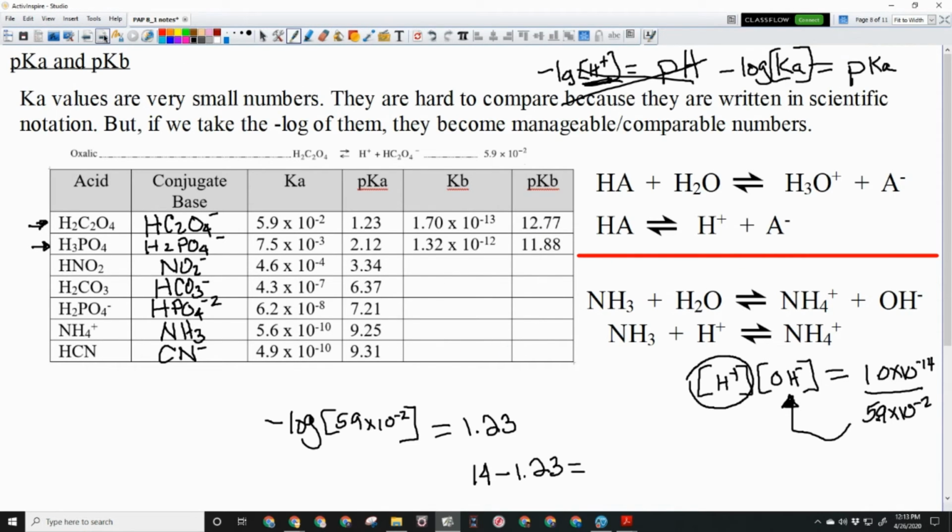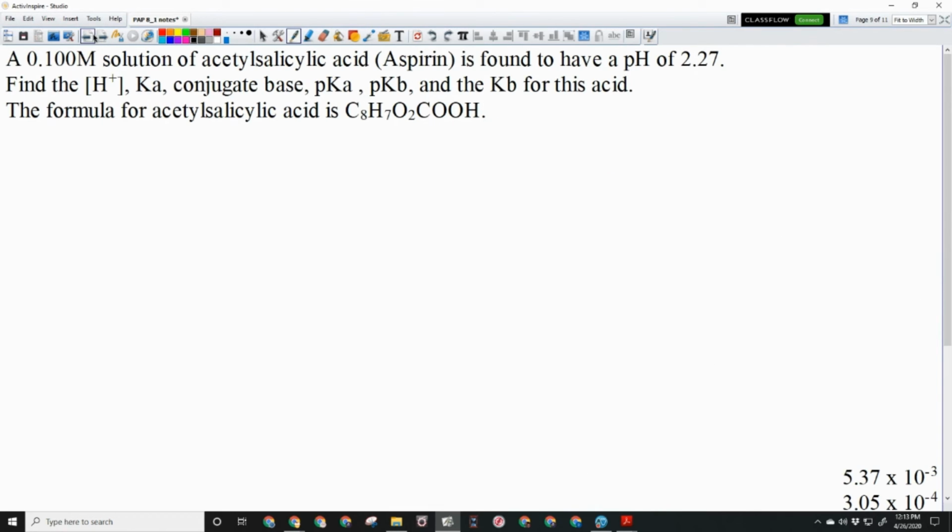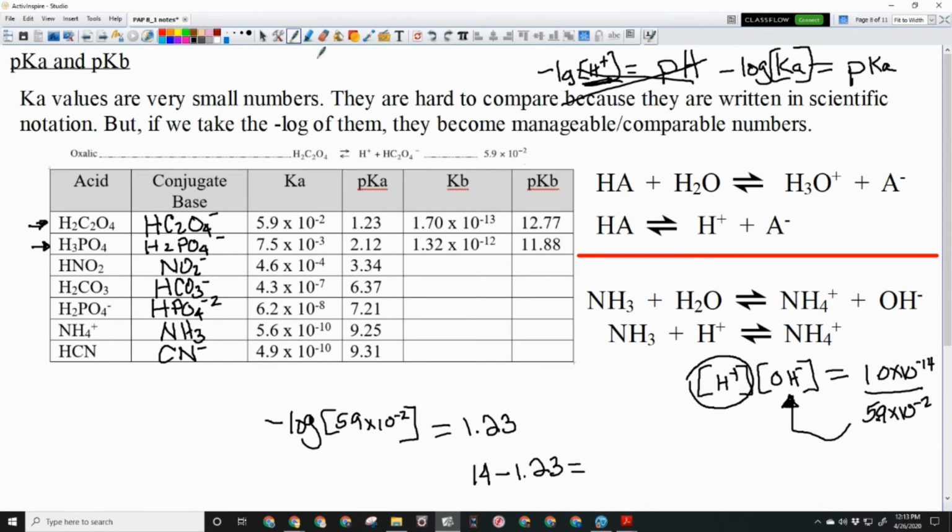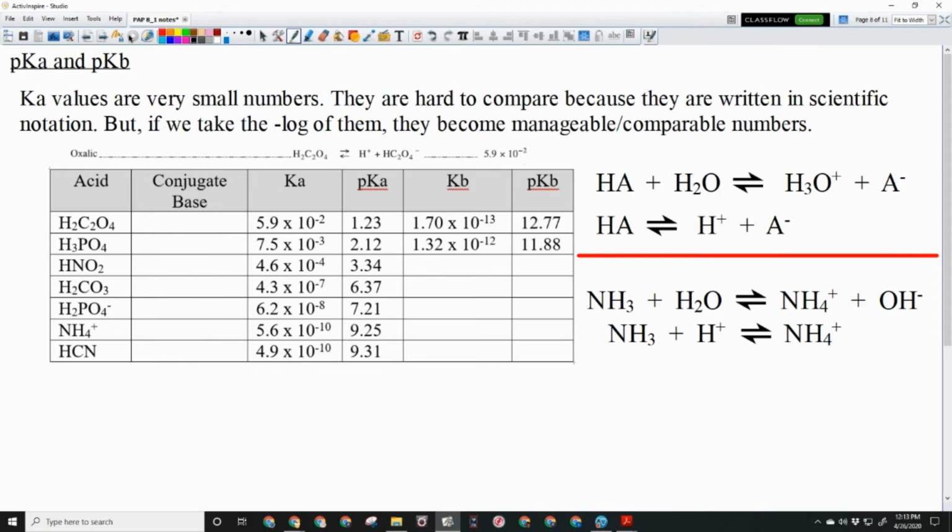All right. So why is that important? One other thing that I want to mention, and you might want to write this down: weak acids make strong bases. Weak acids make strong bases, and vice versa.